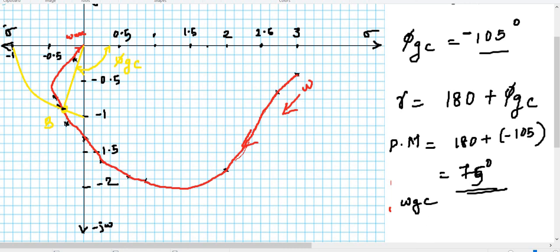Actually we know that omega GC is the frequency at which the magnitude of the open loop transfer function is unity. So what is the magnitude of the open loop transfer function? It is the magnitude of G of j omega.